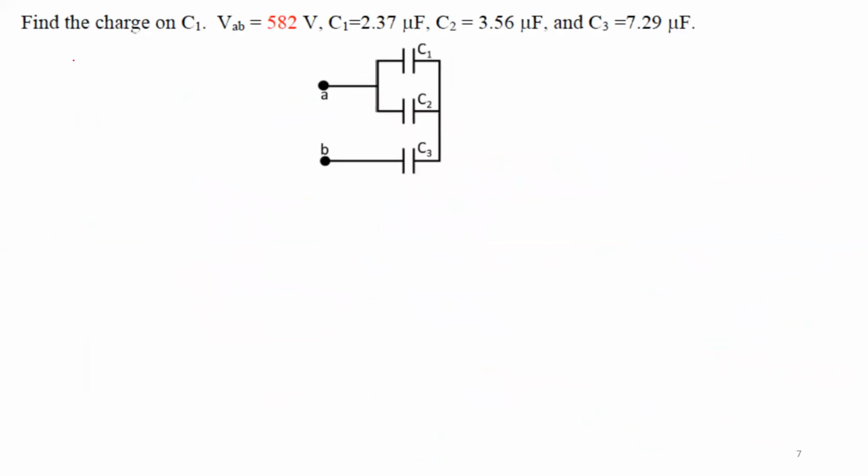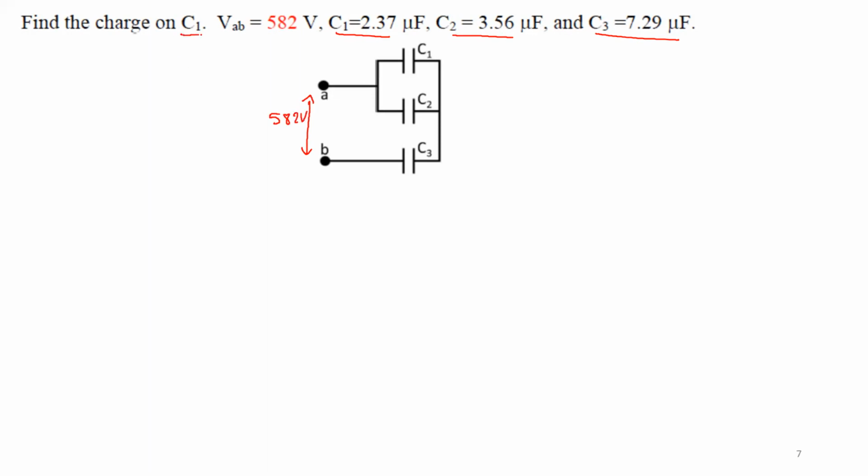So let's read this problem. We have this circuit here. C1 and C2 are in parallel, and C1, C2 in parallel are in series with C3. I give you C1, I give you C2, and I give you C3. Now here I give you the voltage between A and B. Now the voltage here is 582 volts.